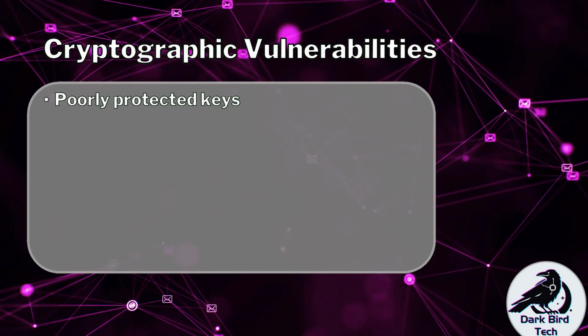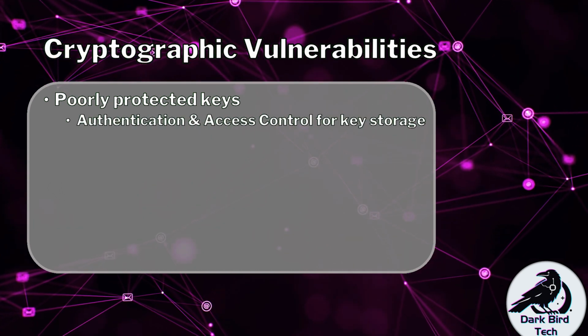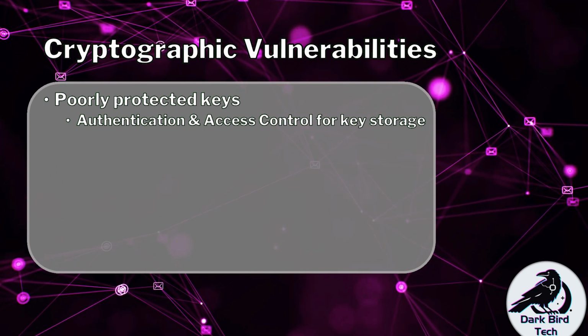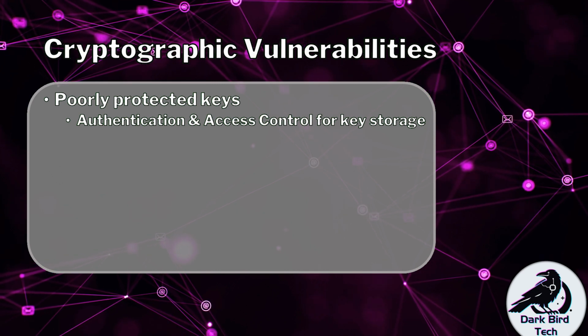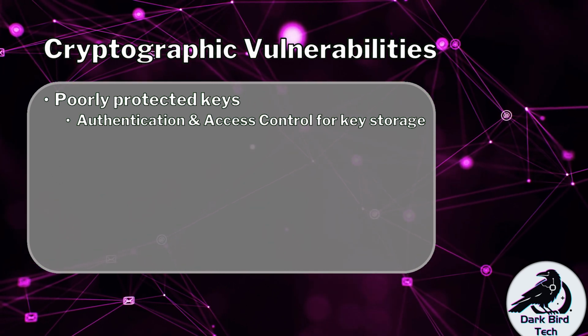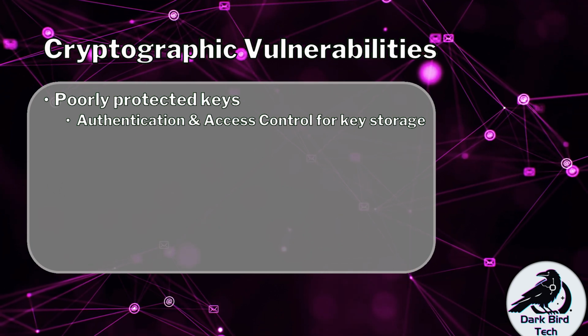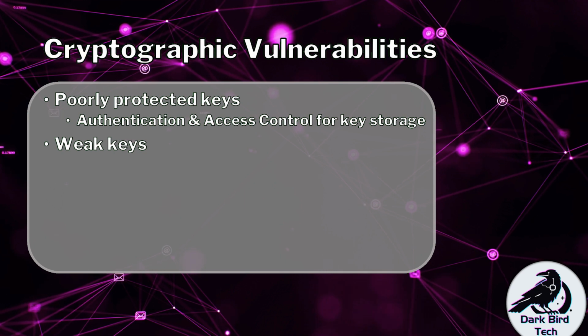So what can be done to keep a key secure? Well, review the authentication and access controls used on the location on the system where the key is actually stored itself. Ideally, you want to make sure it's staff only, heavily secured, validated entry, stuff like that. Another thing to watch out for are not just poorly secured keys, but also weak cryptographic keys.